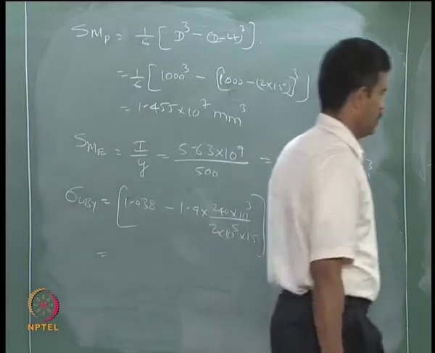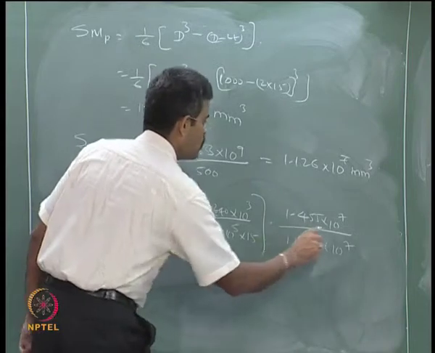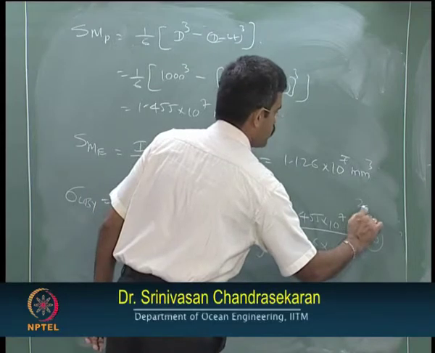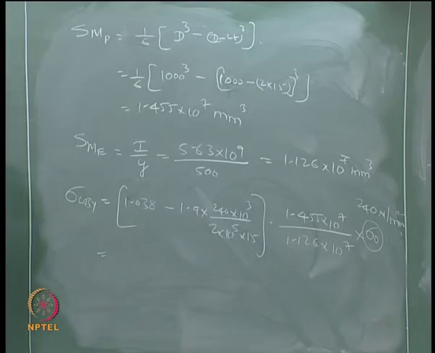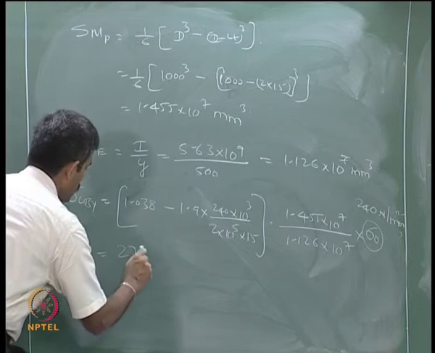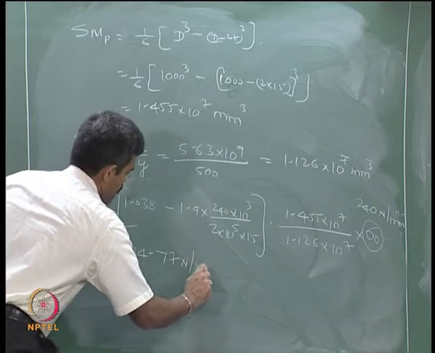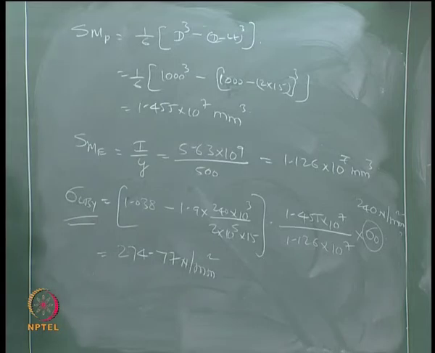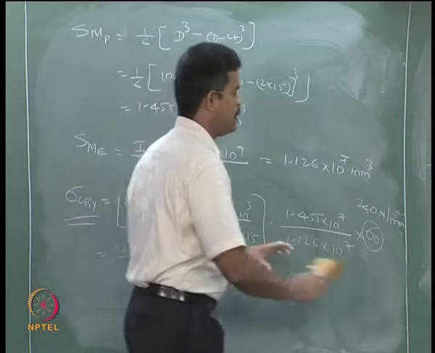Into 240. Okay, there is a multiplier here I missed out in the last one, so this is into sigma naught, and sigma naught in my problem is 240. Substituting that, I get the value as 274.77. This is my sigma Cby, and I keep the same as sigma Cbz for my problem.